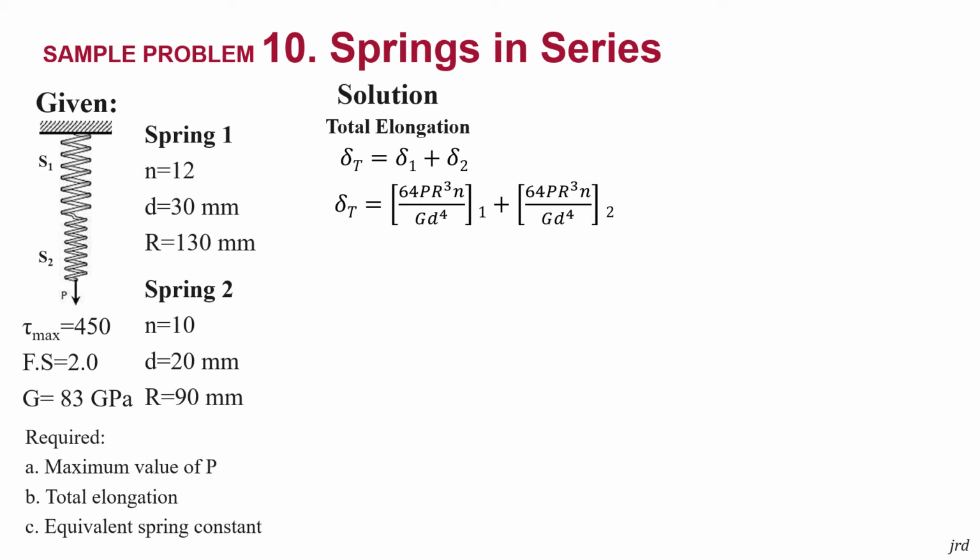We use the formula 64 P R cubed times N over G d raised to the power of 4, and we'll be using the same value of P that we have derived earlier.